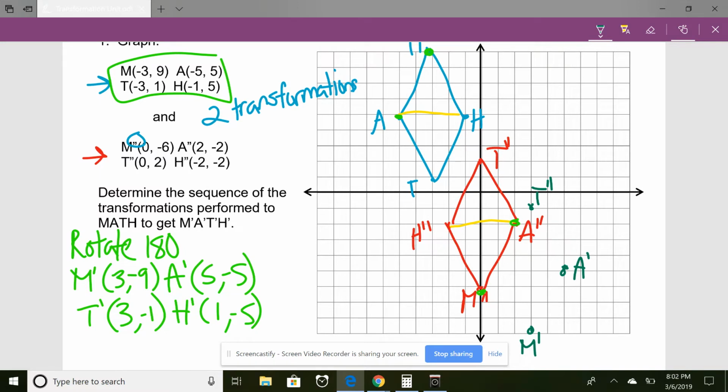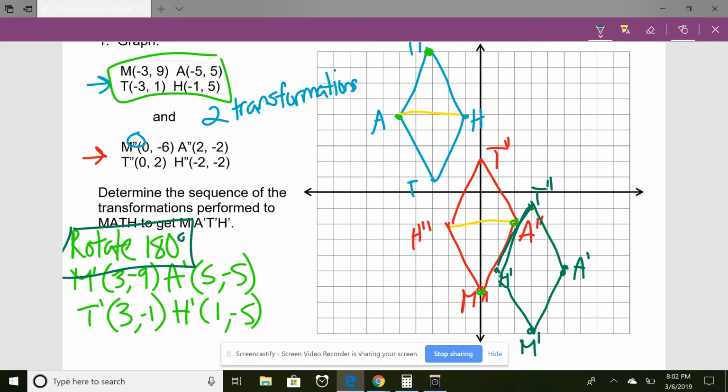And my H prime, which is 1, negative 5. And there it goes. My diamond is still there, same size between the points. Okay. Now there's one more transformation done, so it's rotated 180 degrees.